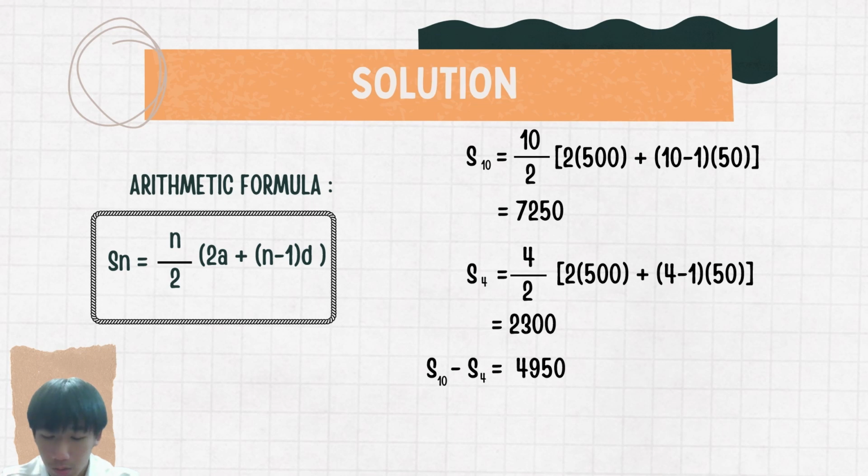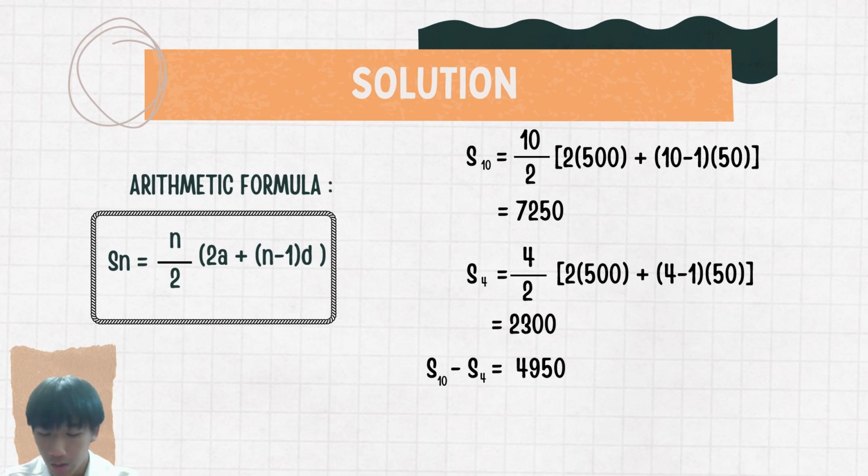Then we find the sum of the first four terms, which means 2023. I will explain later why we use 2023 for the fourth term. We substitute the fourth term into the formula like just now, so we get 2,300.